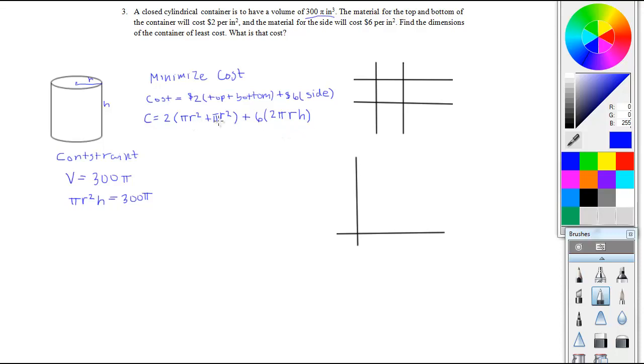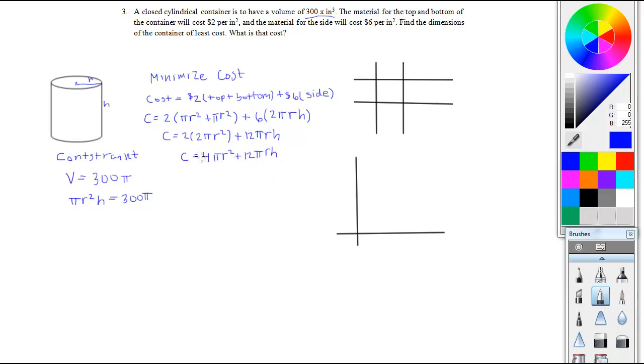That formula, 2 pi r squared plus 2 pi r h, is given on your handout, but you should be familiar enough with it that you could figure it out on your own. So if we clean this up, we have C is equal to 2 times 2 pi r squared plus 12 pi r h, which is 4 pi r squared plus 12 pi r h.